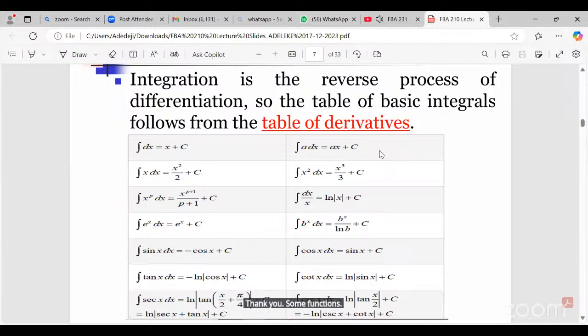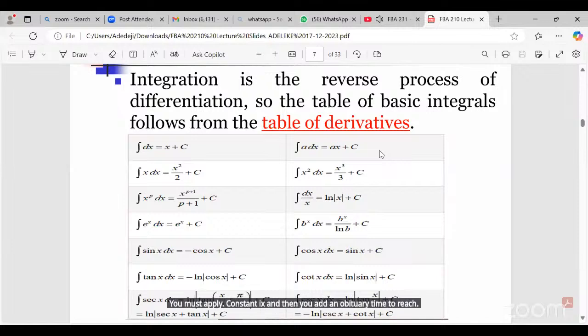The first one on the left: if you have a constant, C, and you are integrating that with respect to x, you multiply the constant by x, and then you add an arbitrary constant to it.